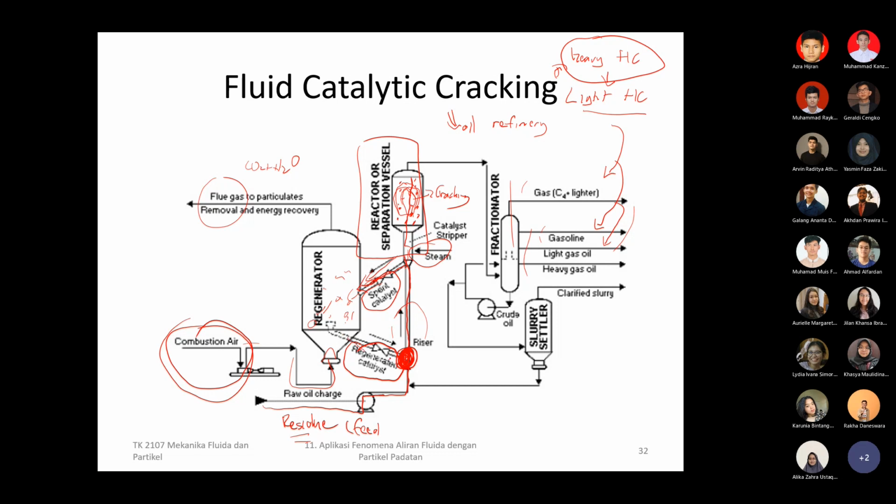Then when you're ready to return the catalyst back into the reactor, it becomes a problem. Why? Because solid is not a fluid. It's harder to be transported, right? It's already almost at the bottom of the elevation, almost at ground level.